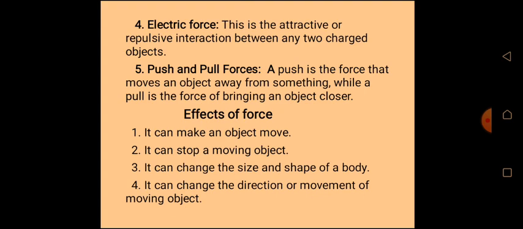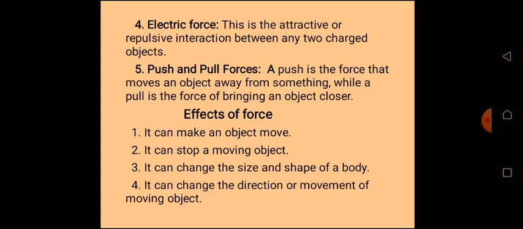Remember, we started this by defining force as what causes an object to move. We also mentioned the types of force, which include the gravitational force. You can also call it force of gravity. And the frictional force, you can also call it the force of friction. You have the magnetic force, the electric force, and the push and pull forces.